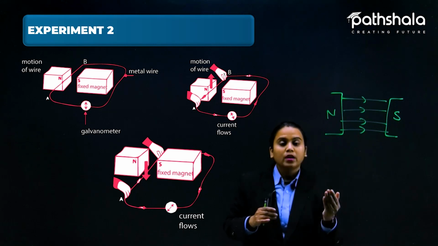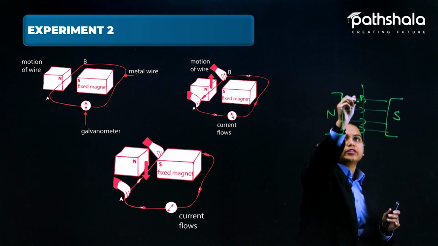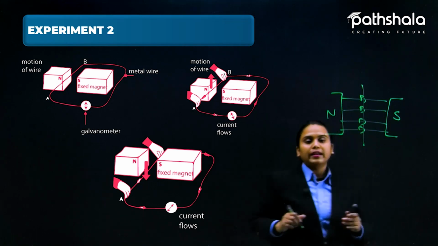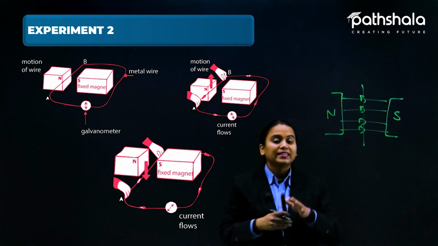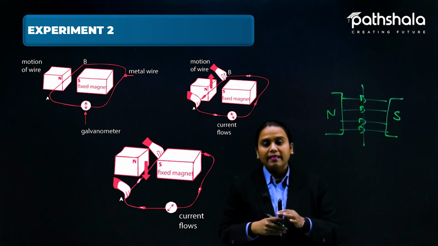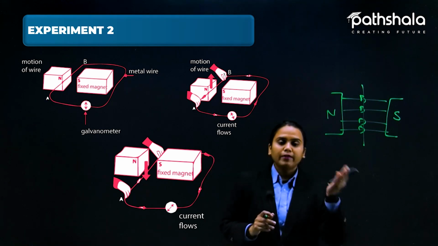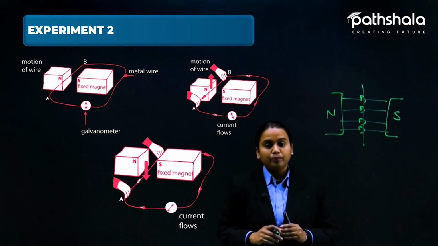And when it makes a 90 degree angle with the magnetic field lines, a maximum current is observed flowing through the wire. And now you can see in the galvanometer, the galvanometer is deflecting from its original position.